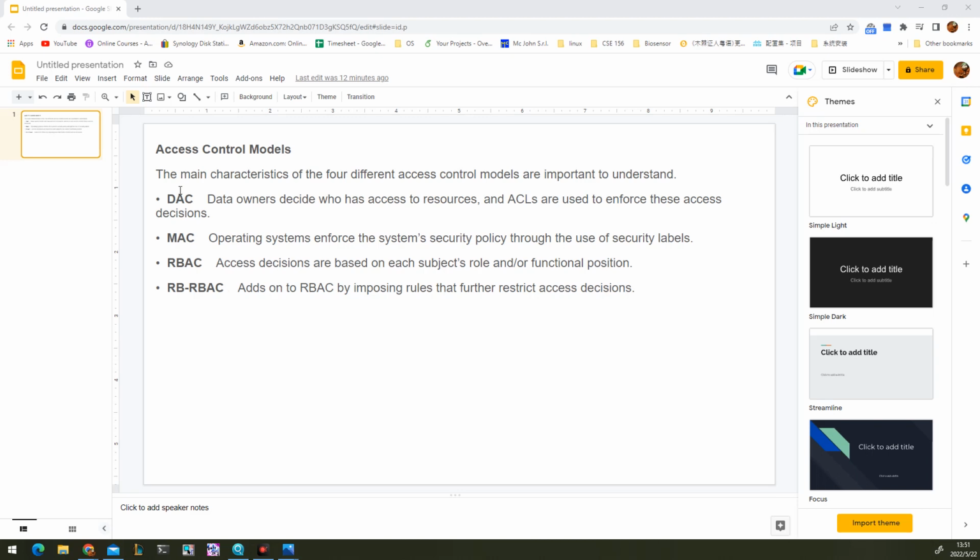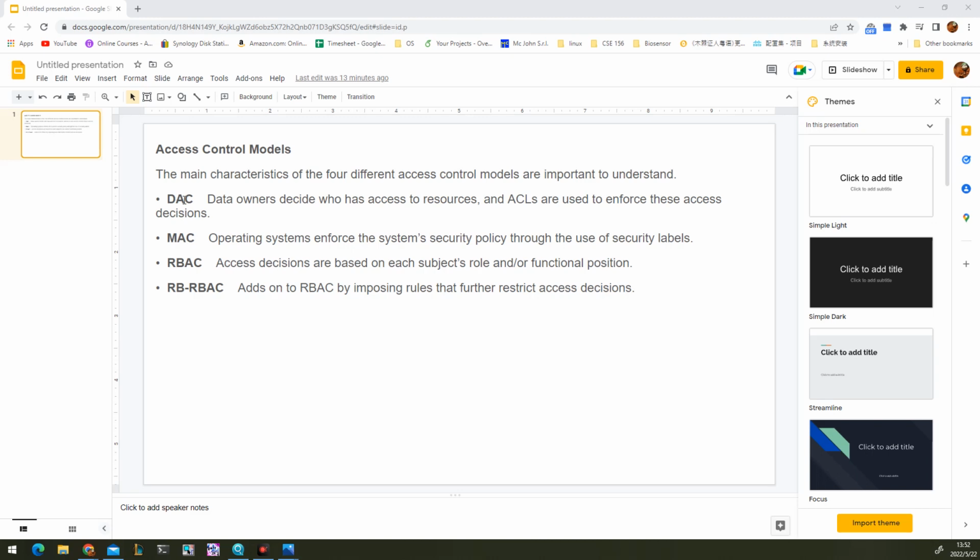The DAC, discretionary asset control, is the system that enables the owner of the resource to specify which subject can access a specified resource. It means the owner is enabled to access a special resource.